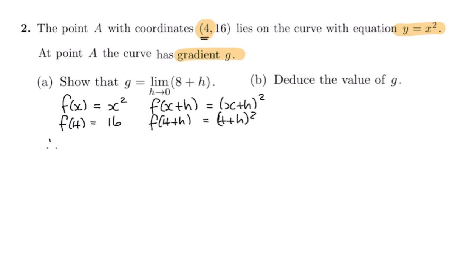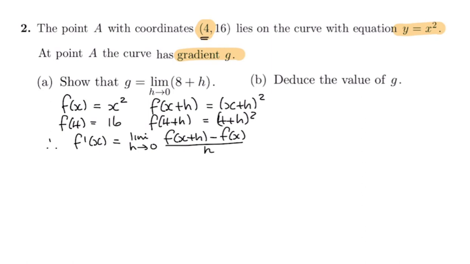Now I'm going to write the formula out. So f dash of x equals the limit as h tends to 0 of f of x plus h minus f of x over h.